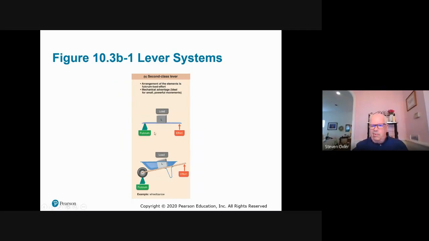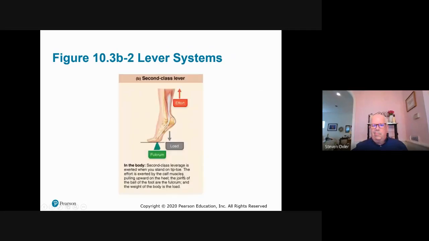Here is the fulcrum, here's the load, here is the effort. Second class lever.